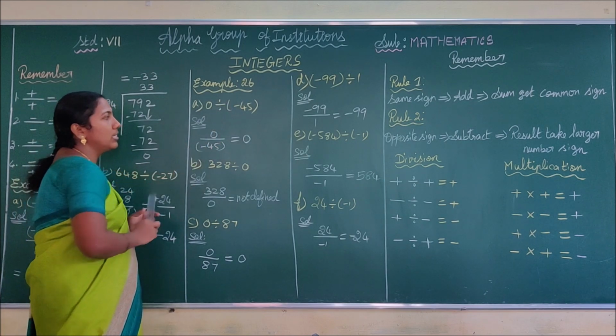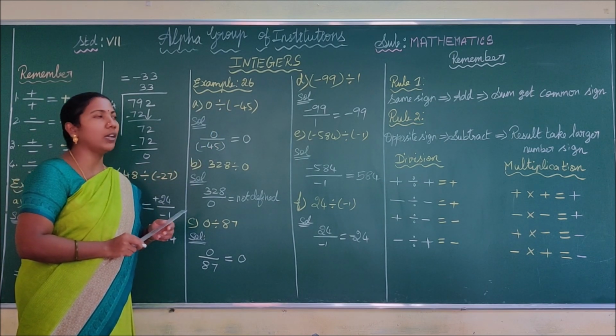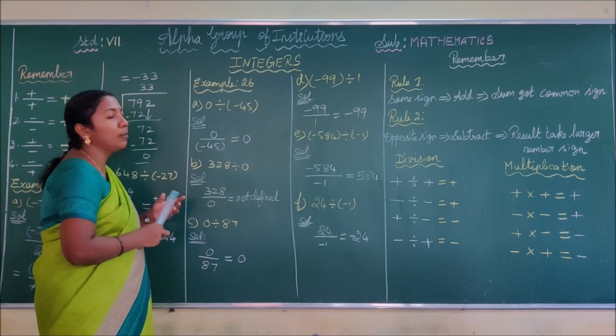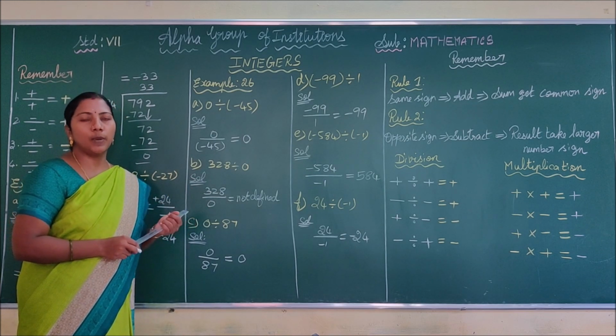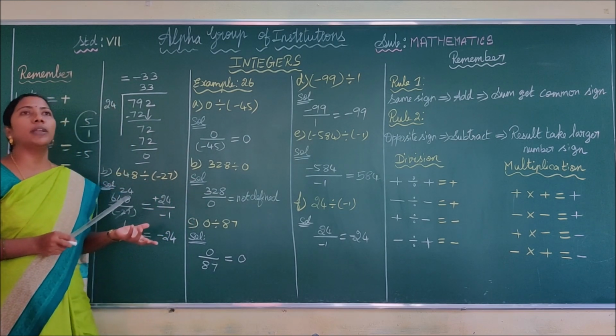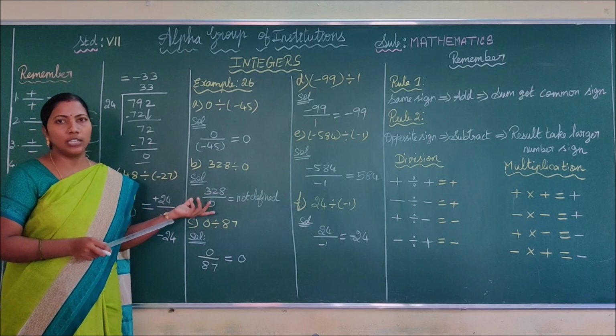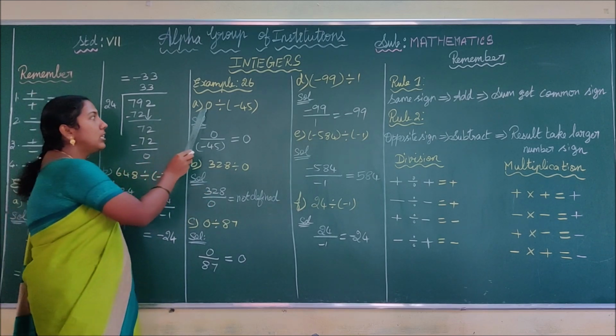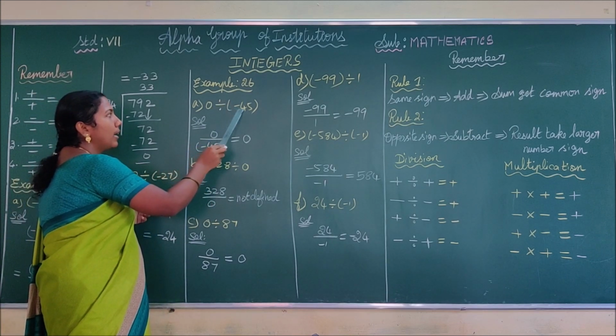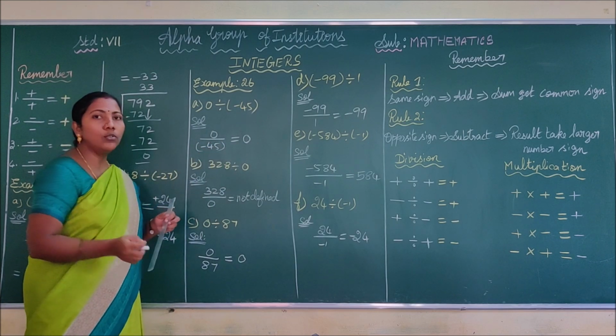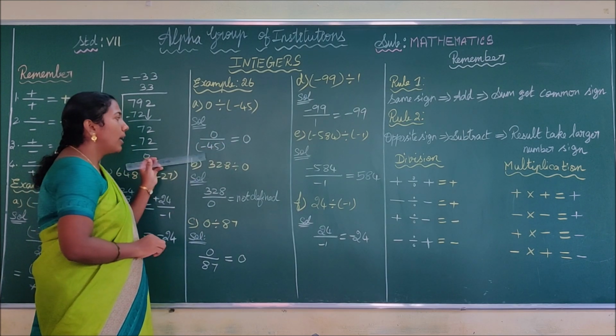Let us see example 26. Example 26 is a very special example. Why? Because here we are dealing with what happens if an integer is divided by 0, or if you divide 0 by any integer. Okay, see the first one. 0 divided by minus 45. That is, we have to divide 0 by minus 45.